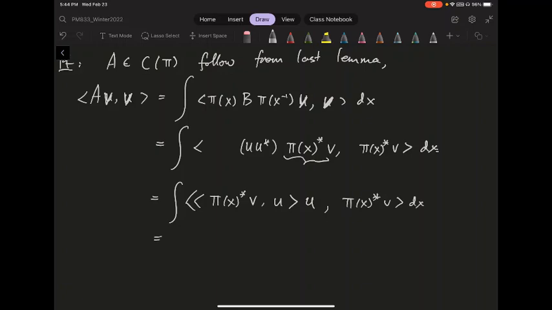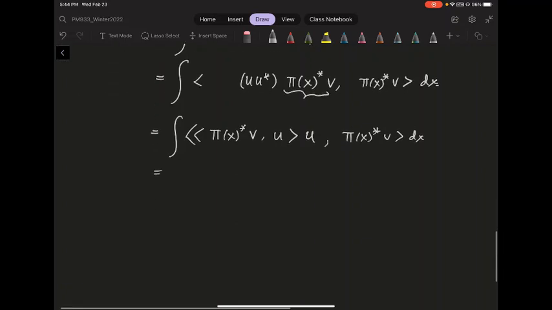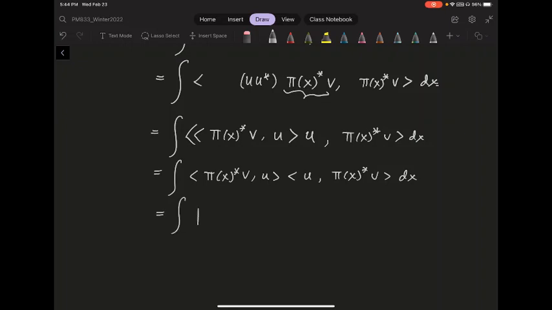And what happens is, in the first coordinate your inner product is linear, so you can move this out. So this is the inner product of pi x star V with U, and then you multiply by the inner product in the other way, U with pi x star V. But because your inner product is Hermitian, this is just equal to the integral of the absolute value of this inner product, okay?